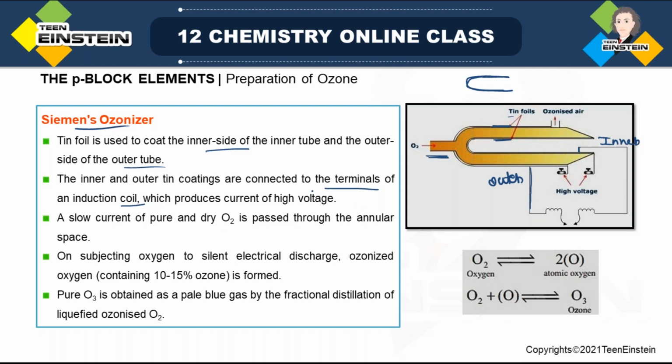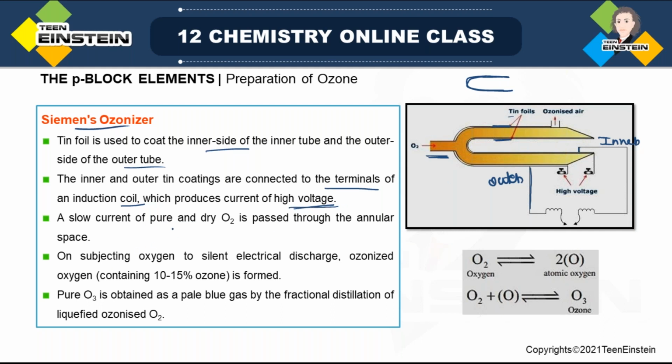And this tin coating is acting as a metal electrode. Now it is producing a high voltage current.